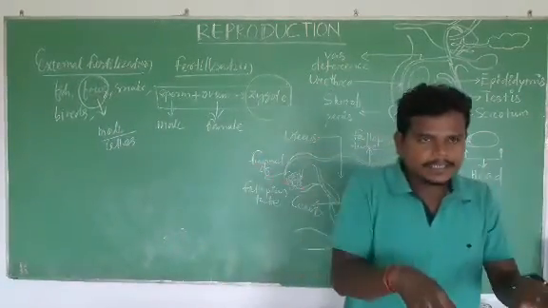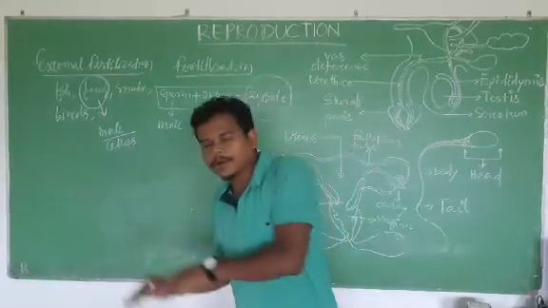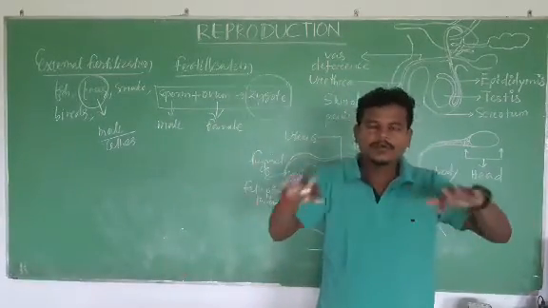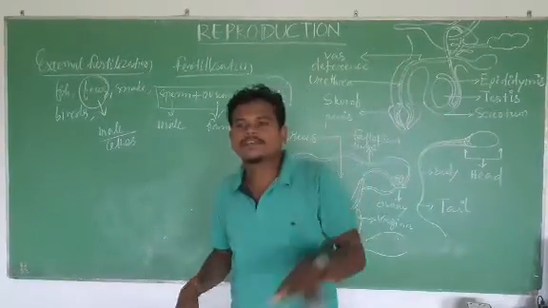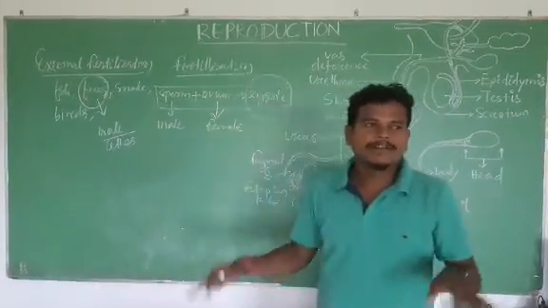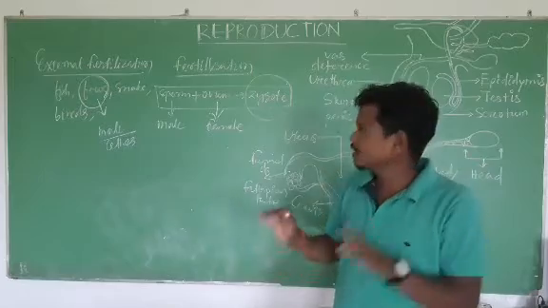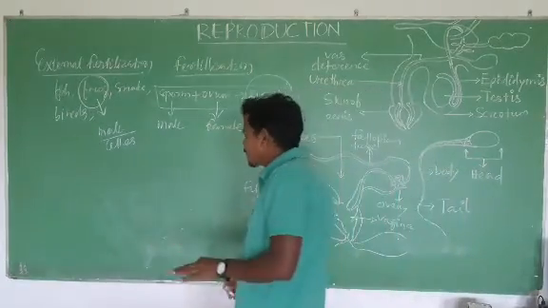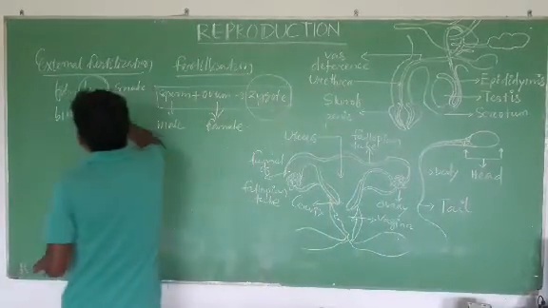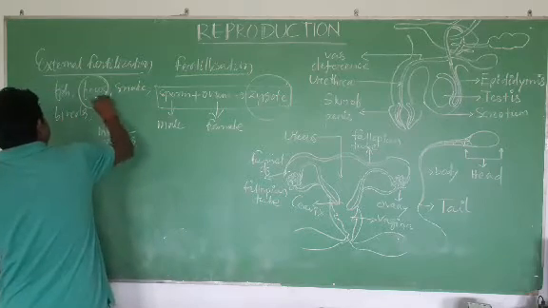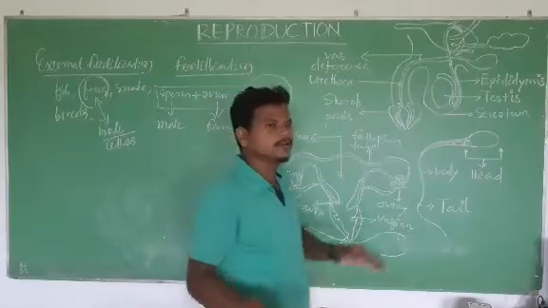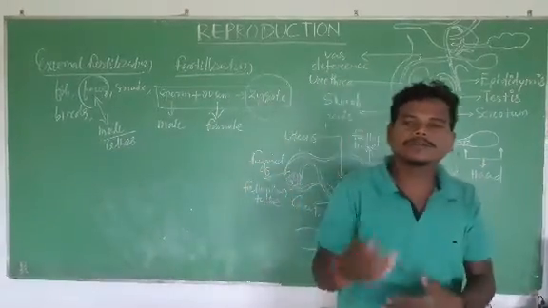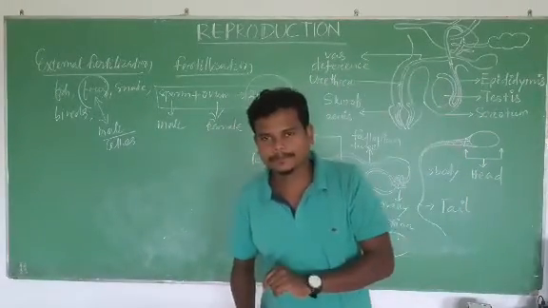Now after that, the egg and the male reproductive cells float freely on the surface of the water. By floating freely, what happens? They come in contact, both the male and female reproductive cells, or eggs and sperm, whatever you say.